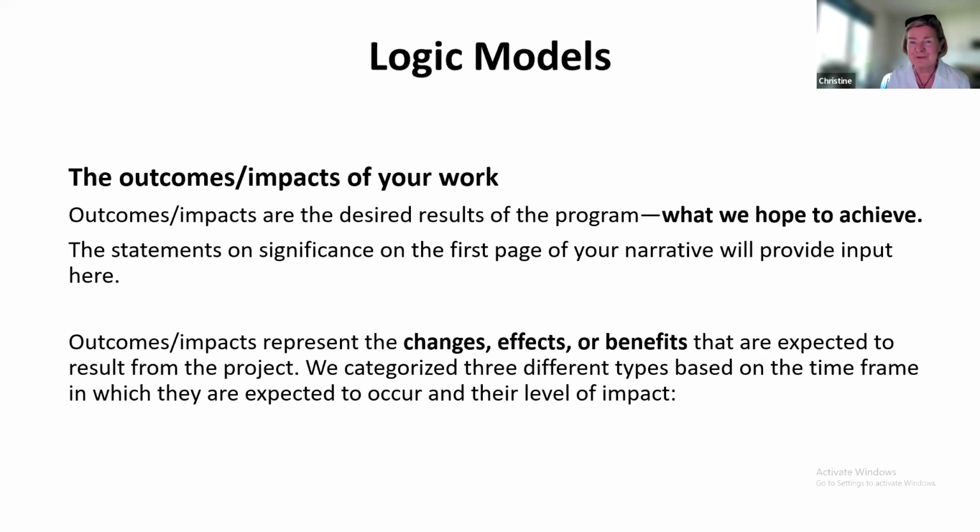So I prefer to just look at short term. That is more or less immediately after, or even sometimes towards the end of my funded project, and long term, which will happen afterwards, which is really just the piece that we hope to achieve.